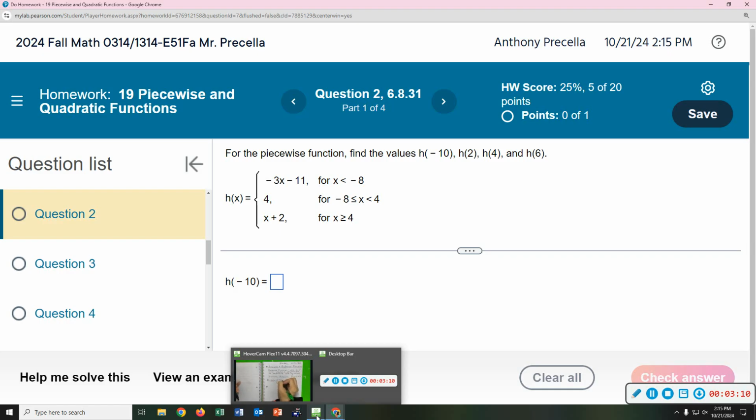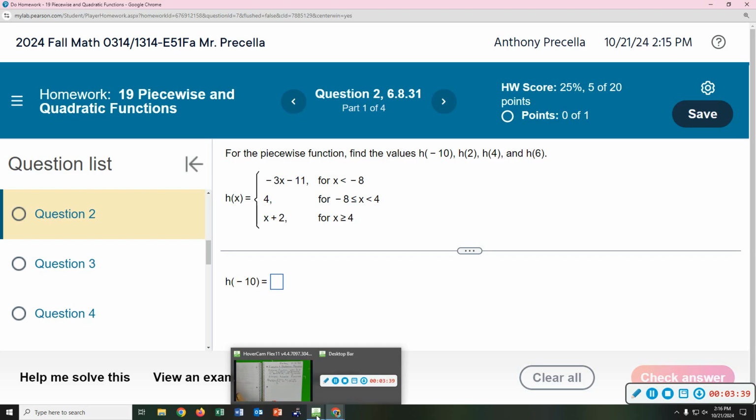So we have h of x equals, there are three pieces. -3x minus 11 will be used to determine the y value for x values that are less than -8. We're going to use the piece, this is nice, it's constant, it's just a 4. The y value will be 4 for x values between -8 and +4.